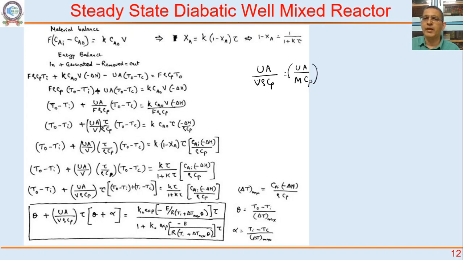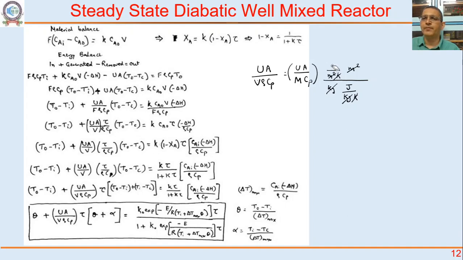You recollect this? Let me write the units, maybe then you will recall. U, heat transfer coefficient, watt per meter square Kelvin, area, meter square, mass, kgs, Cp, joules per kg Kelvin or kilocalories per kg Kelvin, whatever units are your favorite.